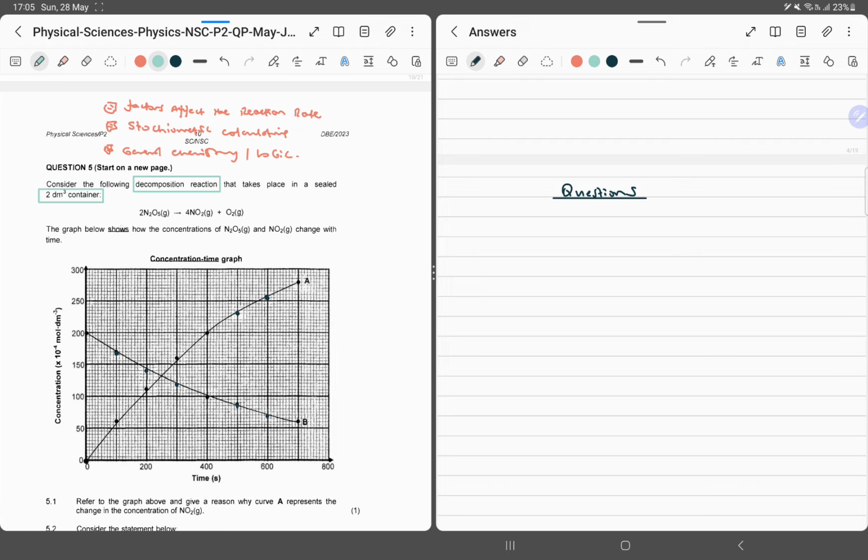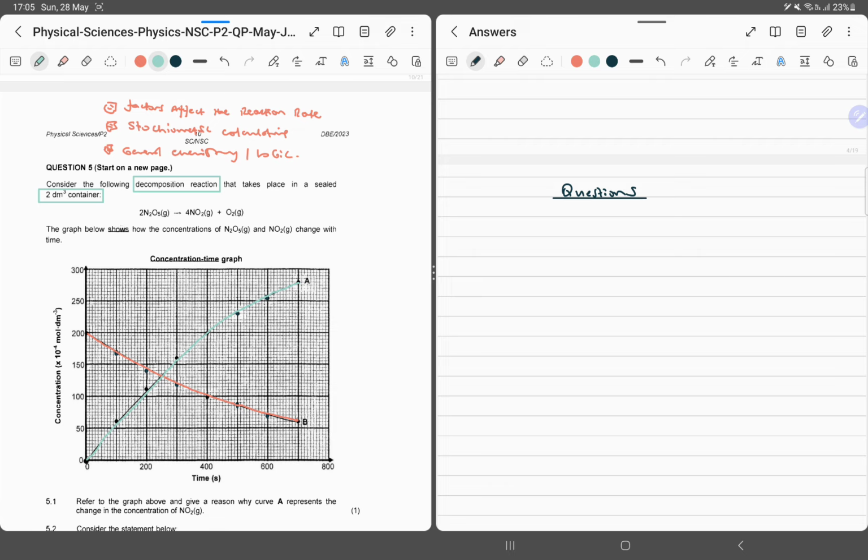Now, of these graphs, which one belongs to which? Obviously, this one should belong to the dinitrogen pentoxide because we started somewhere. Okay, we started somewhere, but for the product, which is nitrogen dioxide gas, it definitely will start from 0 because at the beginning there's nothing, but at the end there is definitely something.